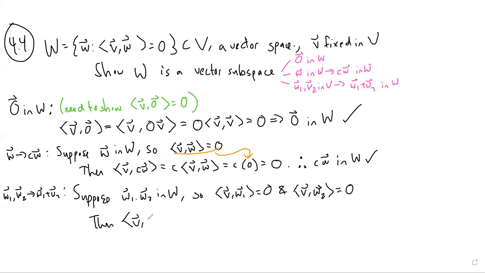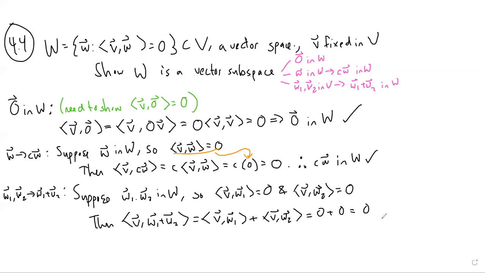Then V with W1 plus W2. Now we are allowed to tear that apart because it behaves just like a dot product. It behaves very linearly. So I'm actually able to split this up. And we just showed that those two things are 0.